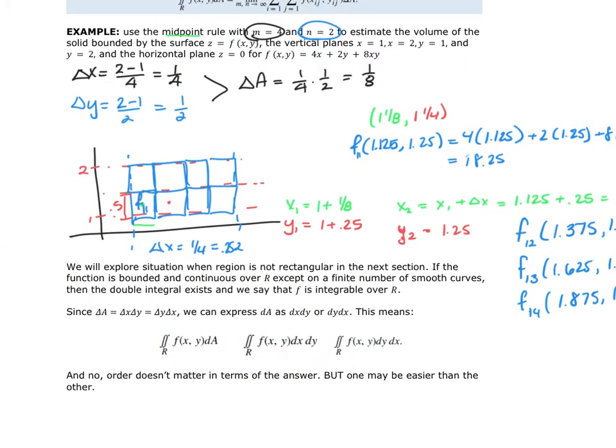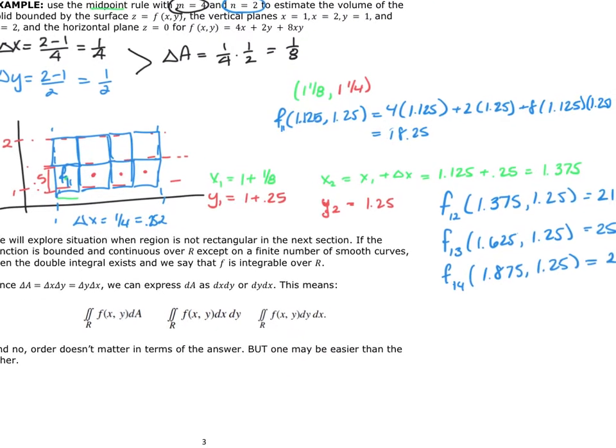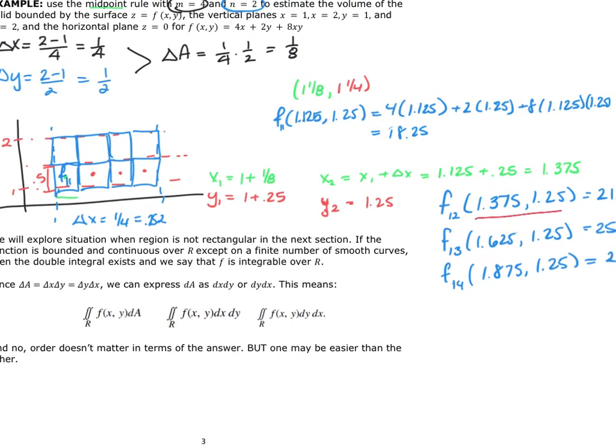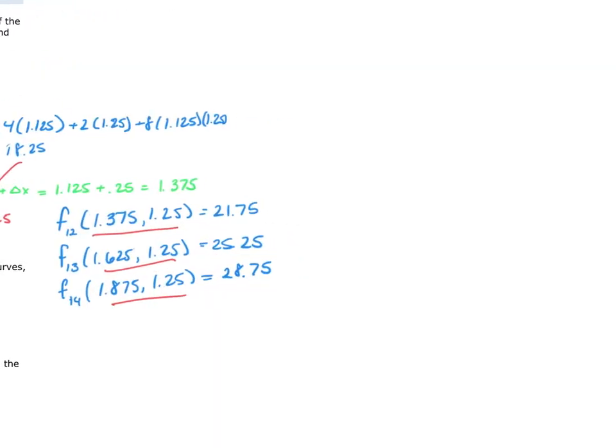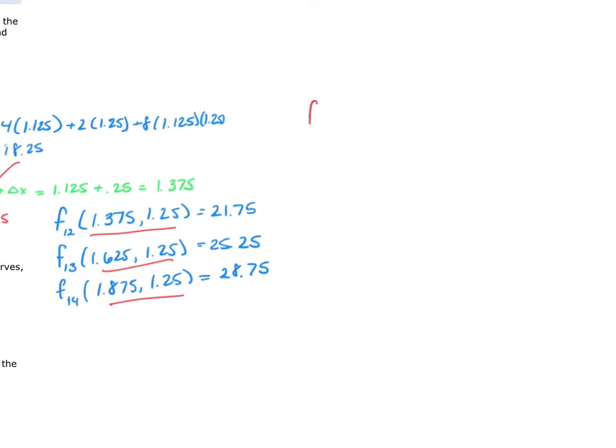So I found these midpoints along here. Now I'm going to do the same thing here. So I'm going to have these, and I would find those boxes. I'll just do the first one. I'll do it in red. So f of the second row, first box.